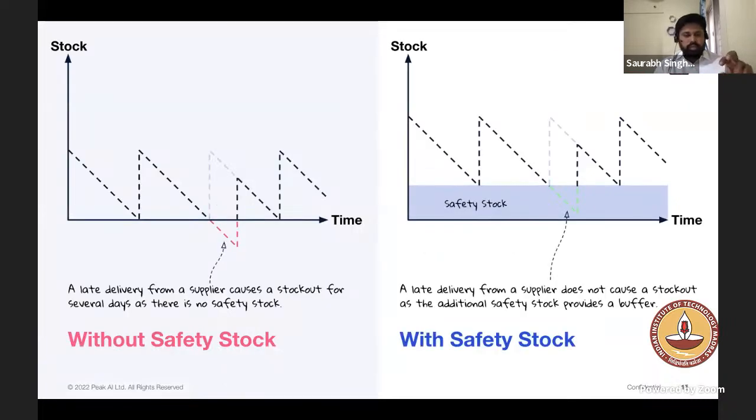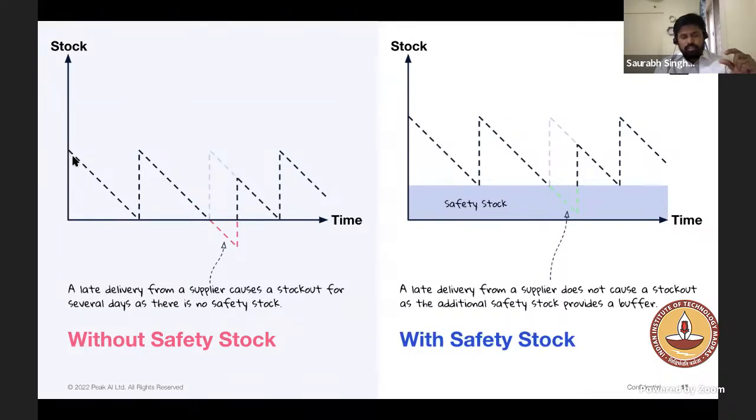right? So just to depict the scenario, what happens when you have a safety stock and when you don't. I will come to how much safety stock is to be kept in a later slide, but let's first understand the importance of safety stock. In the first scenario, on the y-axis you have your stock levels, and on the x-axis your time, and these lines show the utilization of your stock, right?